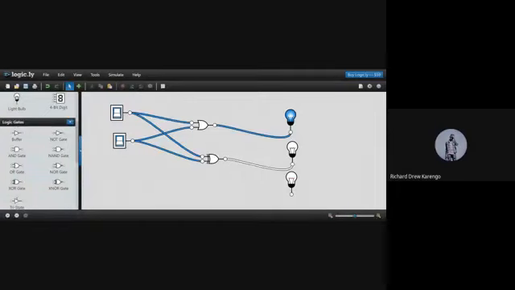So say that false or true for us to get a true output. So one of the inputs needs to be false in order for us to get a true output. Yes, sir.